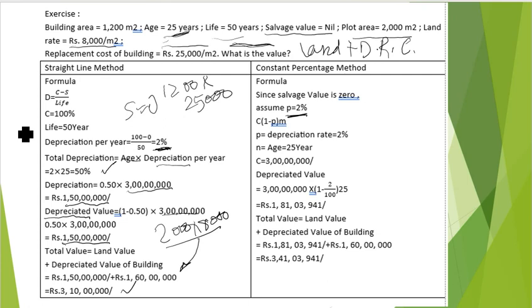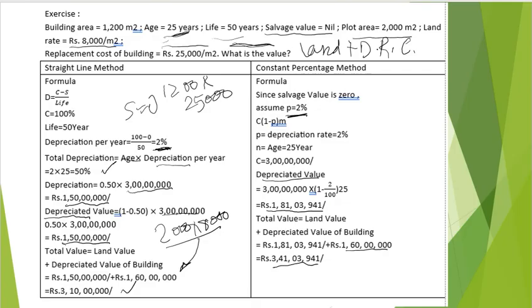You put all the values, the depreciated value of the building becomes 1 crore 81 lakh 3,941. So total value is land value plus depreciated value of the building: 1 crore 81 lakh 3,941 plus land value 1 crore 60 lakh. So total value is 3 crore 41 lakh 3,941.